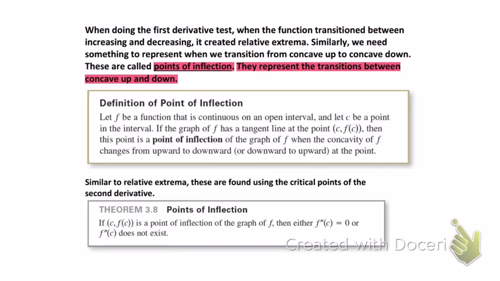And here's where we get to those inflection points. They represent the transitions between concave up and concave down, whichever way it's going. I'll let you read this definition of point of inflection. You could probably translate that to English.